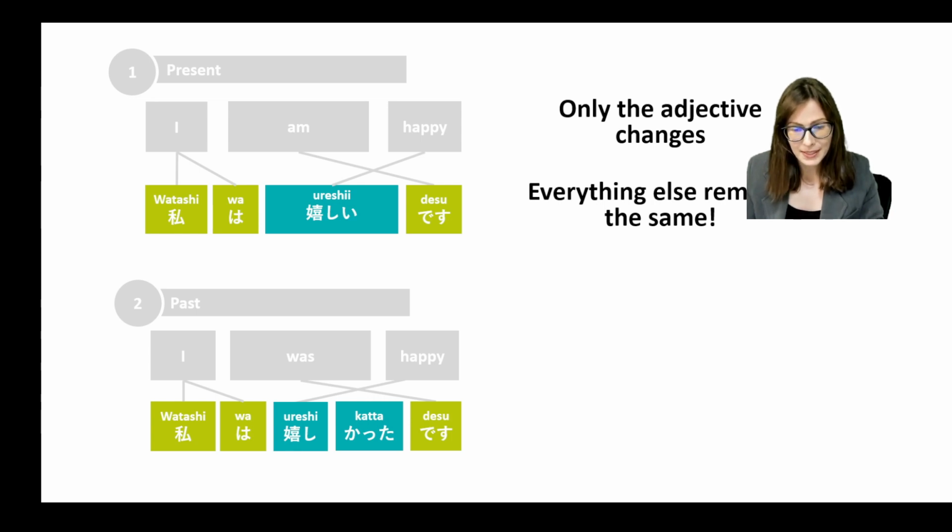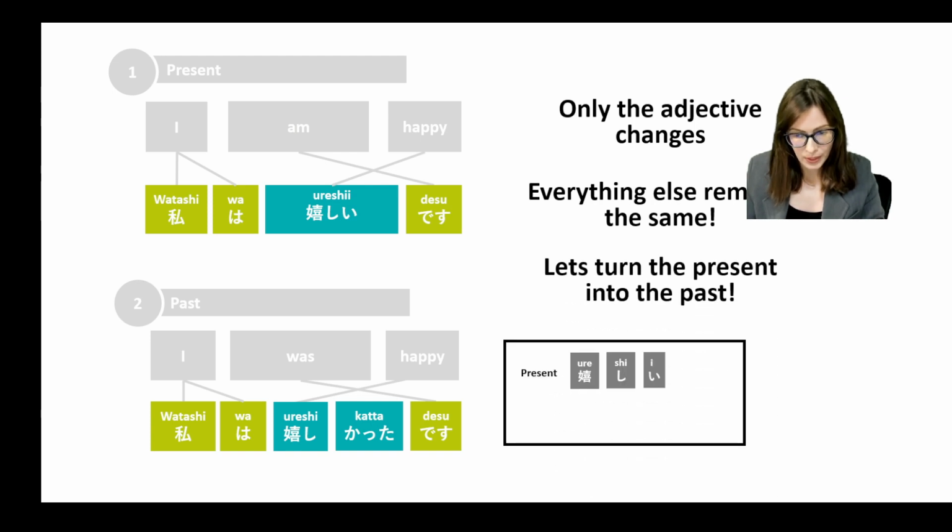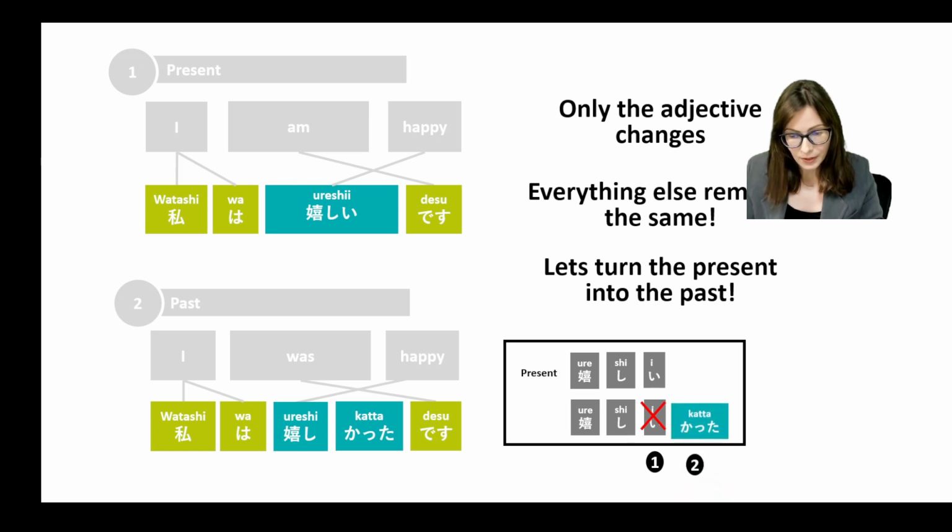So let's see how we can turn an adjective from the present to the past. Here is the present, 嬉しい. Now let's take a copy of that and let's turn it into the past. We will have to do two things in order to make that happen. The first thing is to cut the last E. The second thing is we will have to add katta.